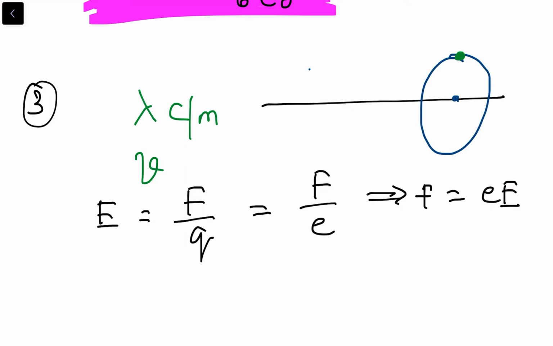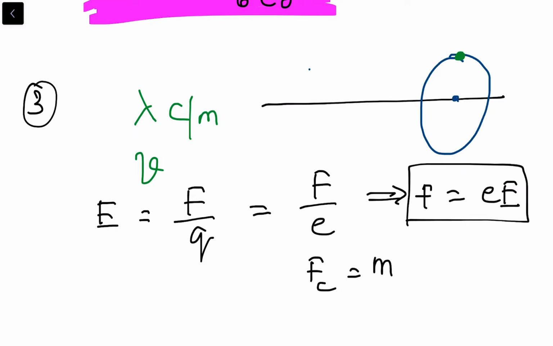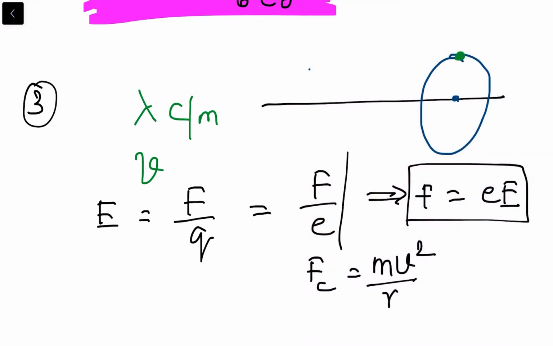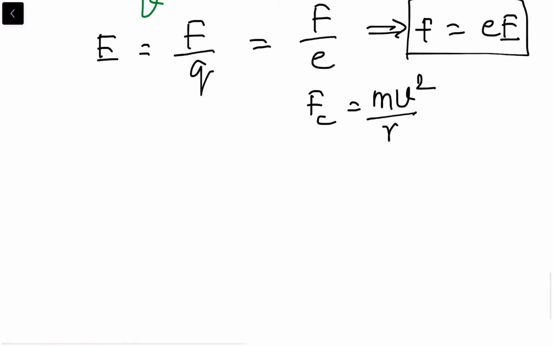This force provides the centripetal force. We all know the formula for the centripetal force, that is equal to mv square by r, where r is the radius of the orbit. That comes in our previous 11th standard. So now let's equate both of them, because the centripetal force is provided by the electrostatic force.